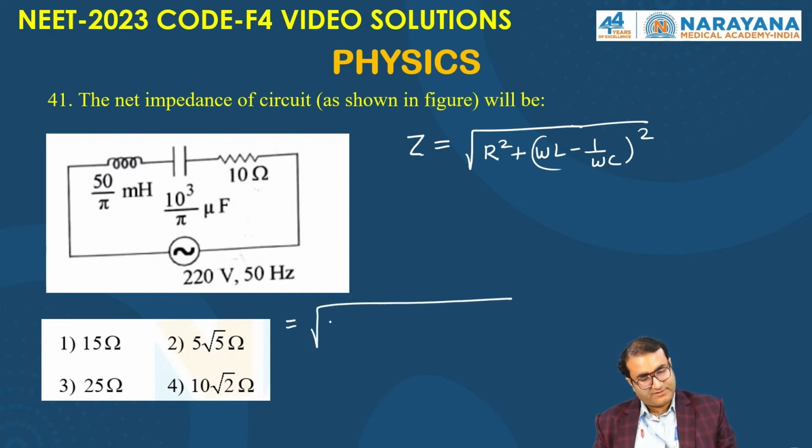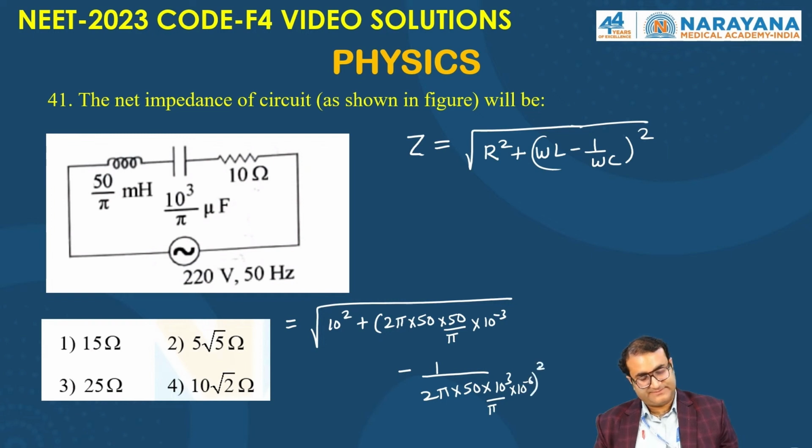Under root of 10 square plus omega is 2 pi f, so 2 pi into 50. L is 50 by pi millihenry. So we can write as 50 by pi into 10 power minus 3, minus 1 by 2 pi into 50 into 10 power 3 by pi into 10 power minus 6, whole square.